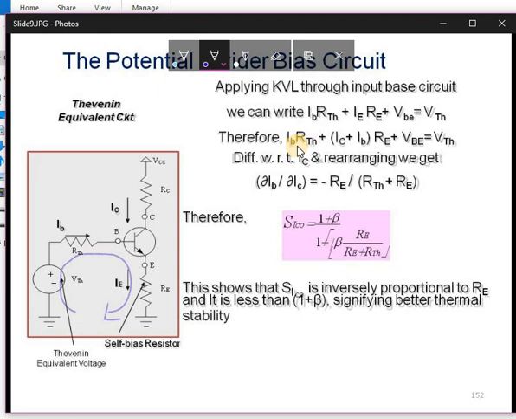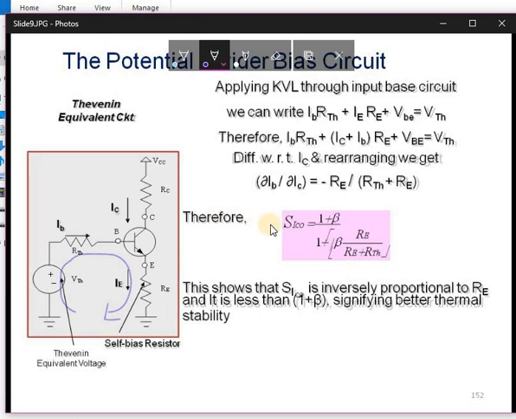If we differentiate this equation with respect to IC and rearrange, we get dou IB by dou IC equal to minus RE by RTh plus RE.